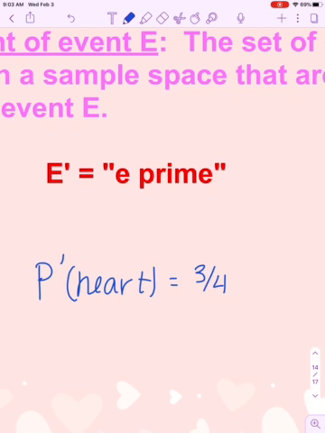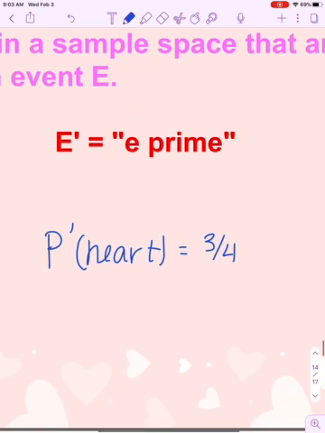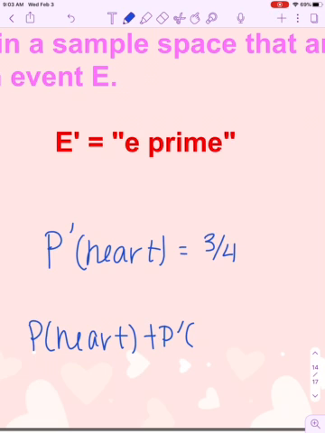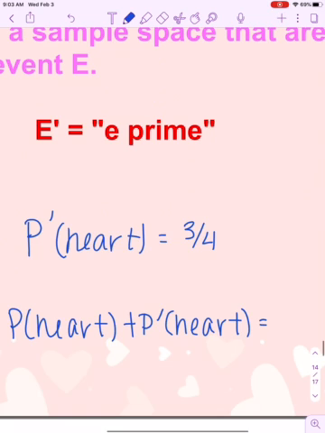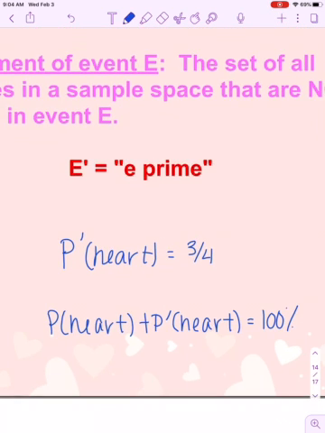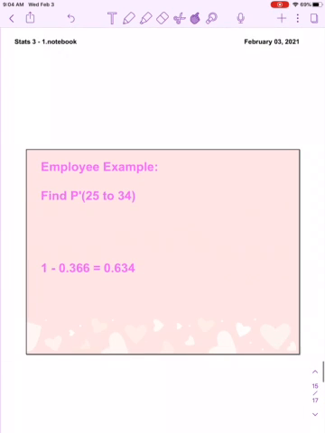So the probability of not doing something is just the opposite. So the probability of picking a heart, plus the probability of not picking a heart, is going to be 100%. Okay, so the probability of doing something and not doing it is 100%.